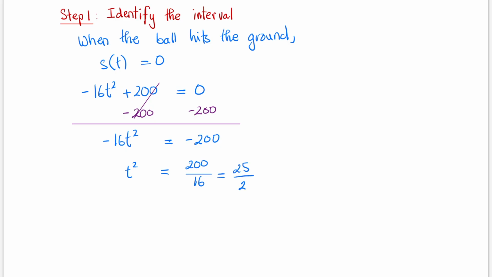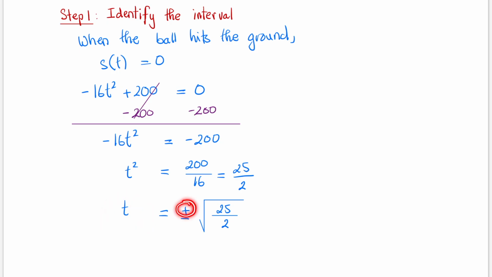Next, we take the square root of both sides of the equation. So I have t equals plus or minus square root of 25 over 2. Since t represents time, it cannot be negative. So we only keep the positive value.